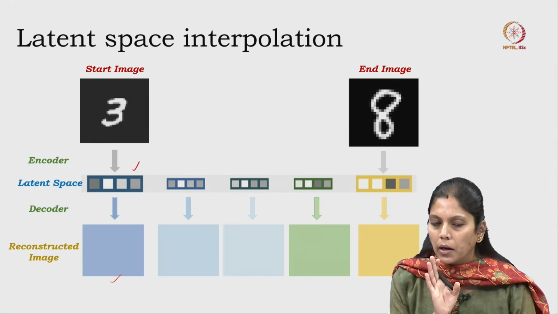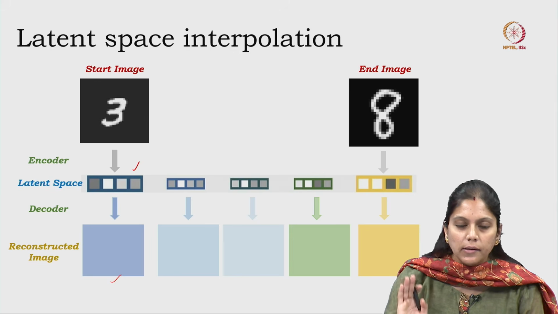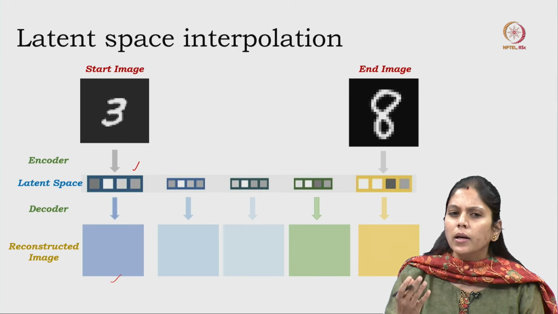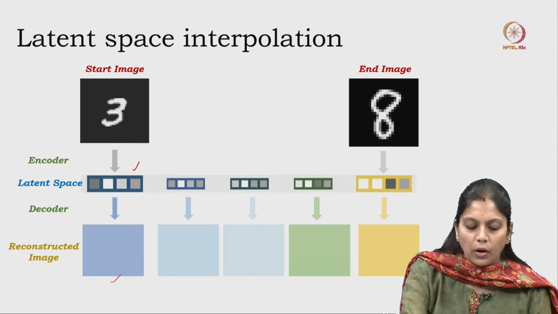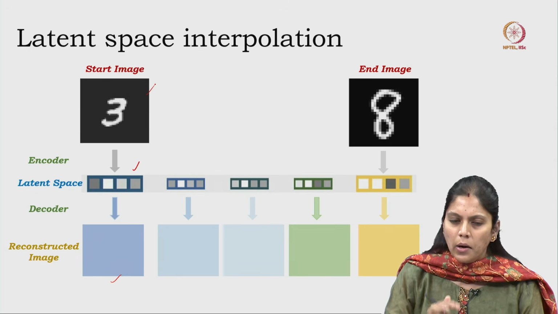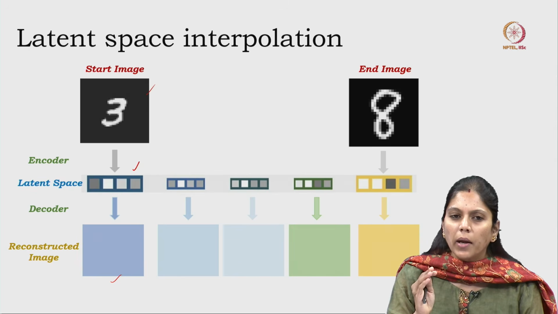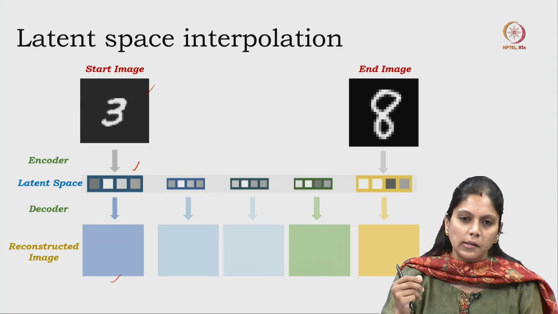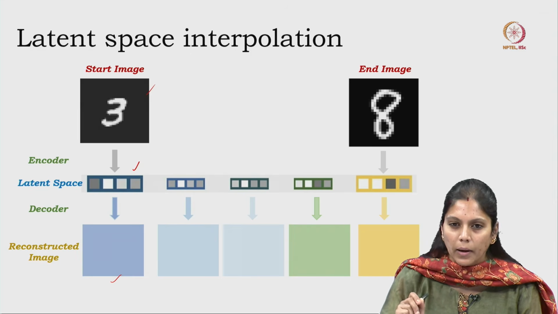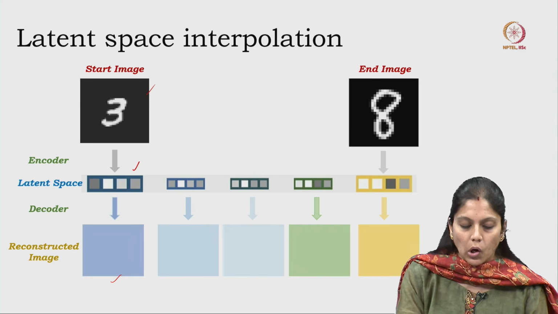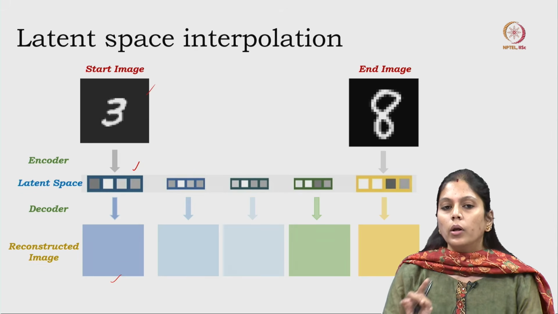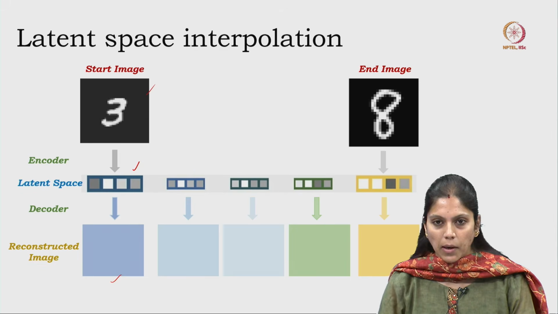Although it will not be blue, it is just for visualization. You will have a reconstruction of this particular 3, not exactly 3, but an image which looks similar to 3, maybe a little blurred. This is your reconstructed image.